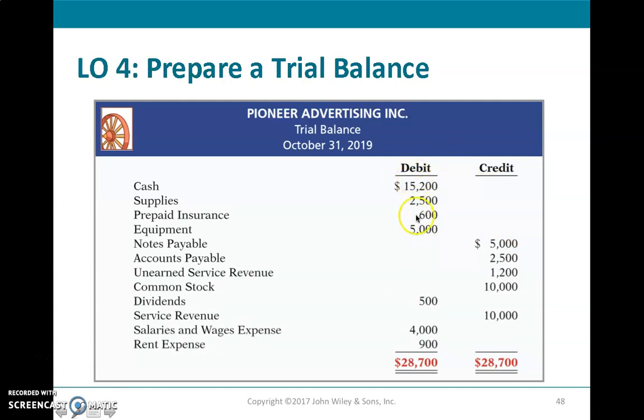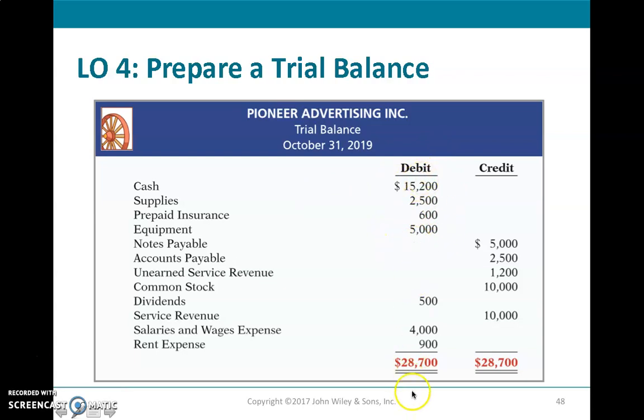Assets should go on the debit column, liabilities and common stock on the credit column, dividends on the debit column, revenue on the credit column, and expenses on the debit column. So the order of the accounts is the order of the general ledger. And we're only bringing the ending balances, not the activity, just the ending balance.